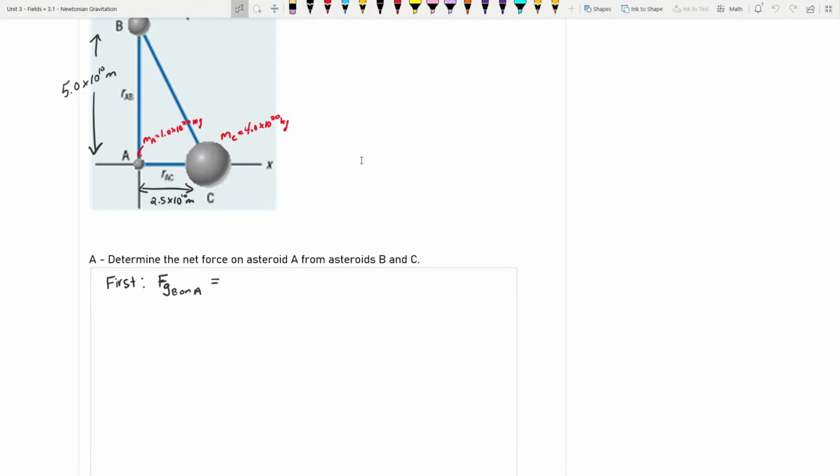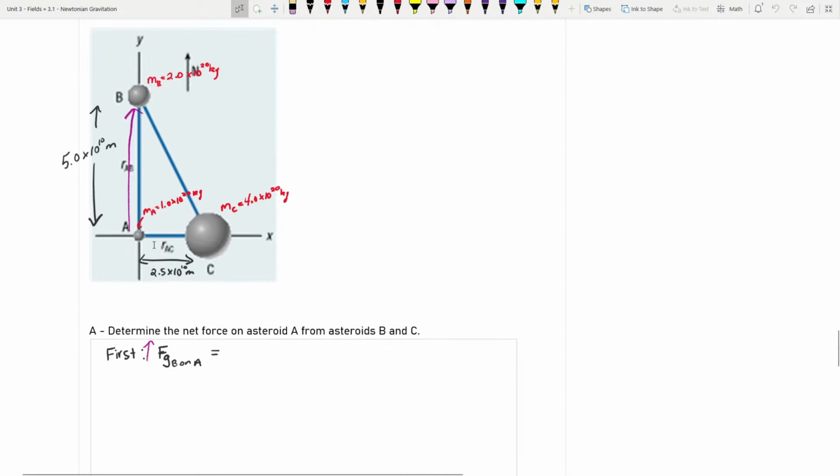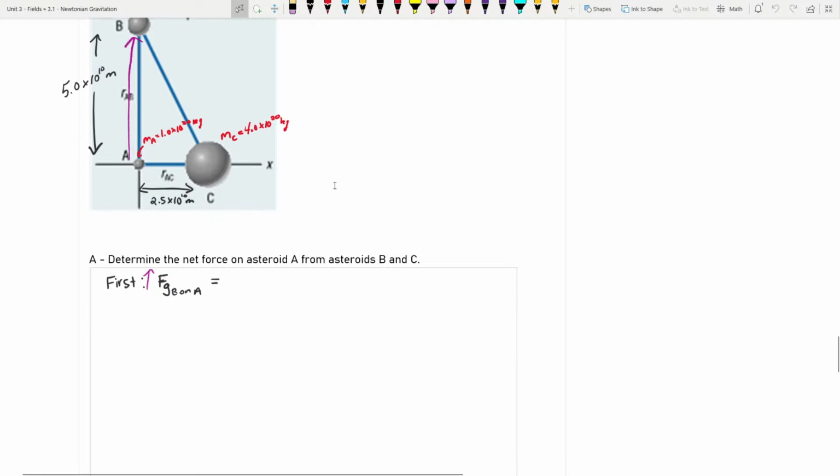So B is going to be pulling A up like this. That's the direction of that force, right? Remember that gravity always pulls. So B acts on A to pull it towards B. So there we go. No big deal.